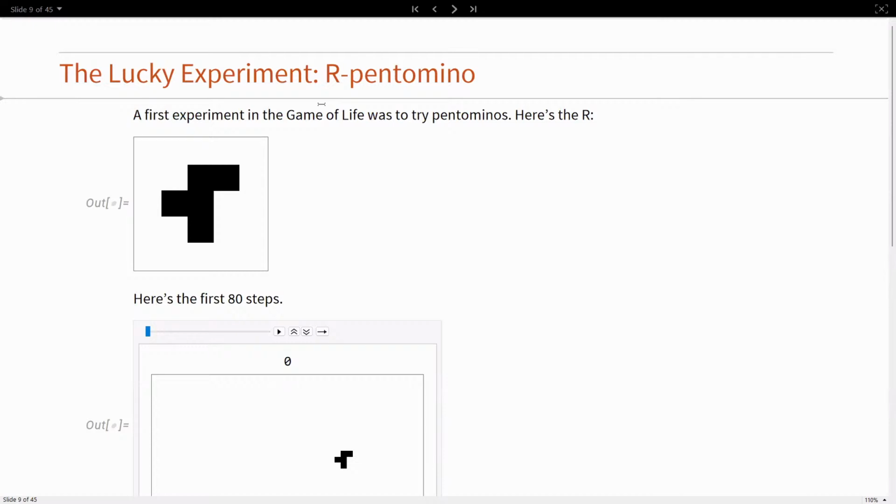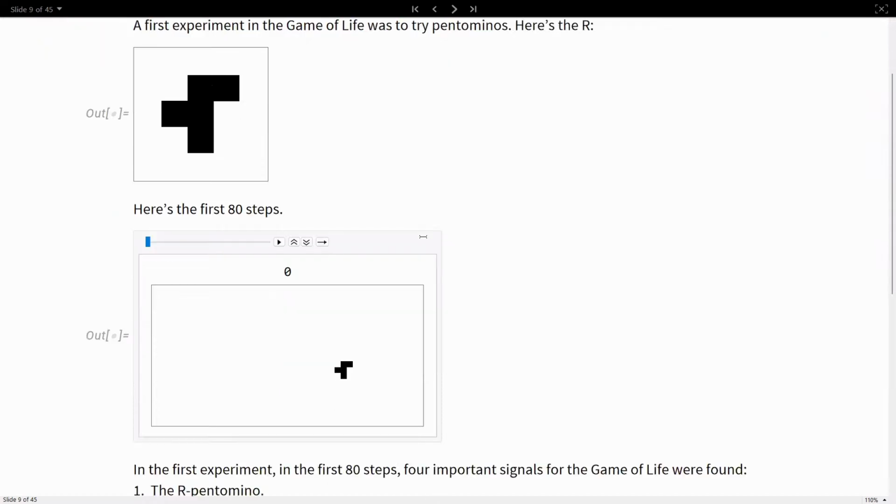But we may as well talk about this first big experiment in the Game of Life done on Go boards. They have this shape here, and they wanted to know what it did. So after 80 steps, you get to this position, and that's where the first glider came out. Richard K. Guy noticed this shape was walking away.